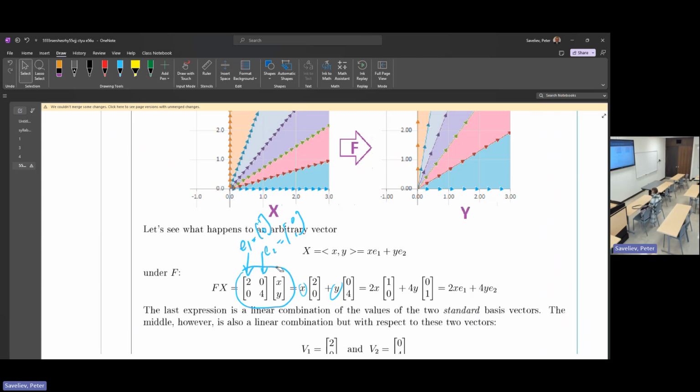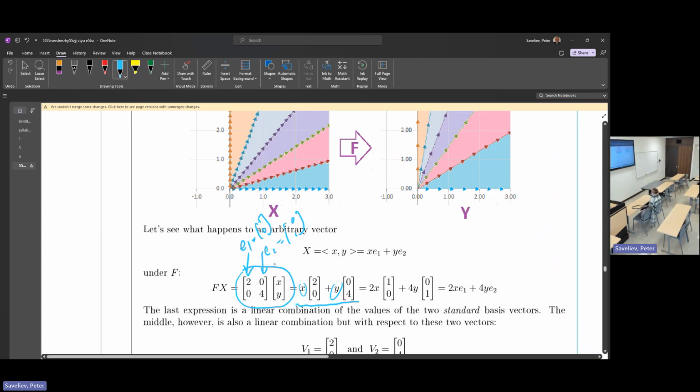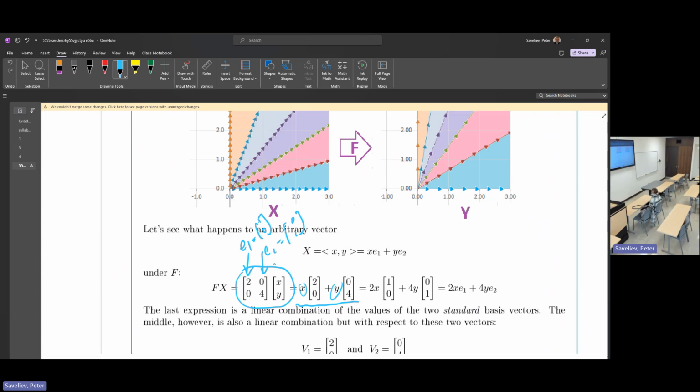But that's our knowledge. Now, what about the rest of the vectors? The vectors have components x, y, and you can see over here where those x, y appear. They appear as the coefficients of those two vectors, (2, 0) and (0, 4).